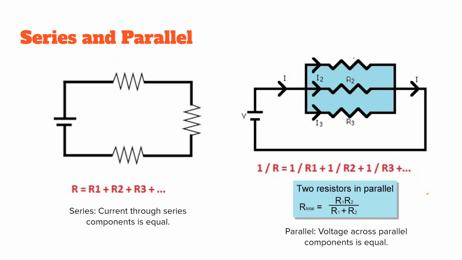And one of those is series and parallel. Series and parallel are ways to connect components, namely resistors, to simplify the circuit for easier analysis. So right here we have an example of a series circuit. We have this resistor, let's call that R1.